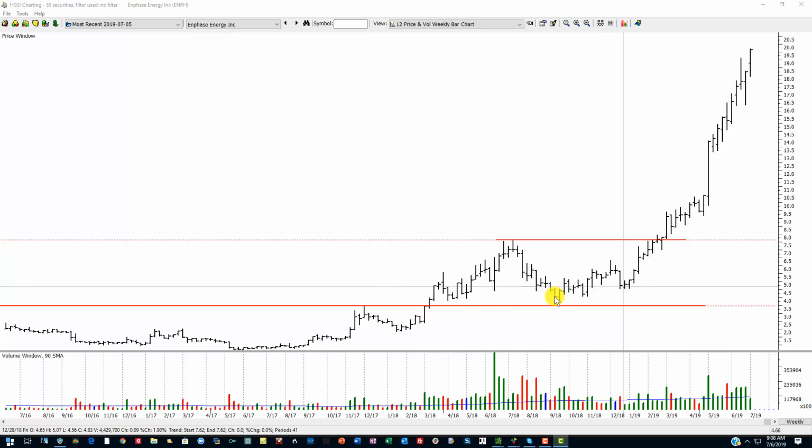So as this stock came down into this area, there should be support with this horizontal line here, and that's exactly what happened.